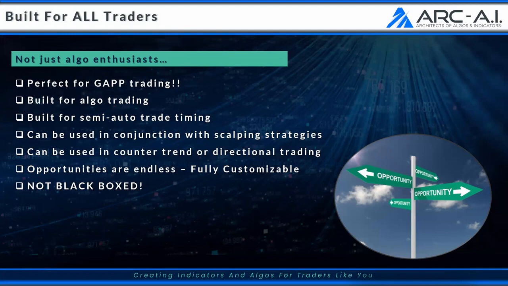It's great for semi-auto trading as well. You don't have to just trade it fully automated, though most of our traders will. But the opportunities are endless. You're not locked into a black box. You don't have to just put it on the chart and let it run if you don't want to. And if you want to change things up, you don't have to just accept those settings. You can modify them as you see fit.